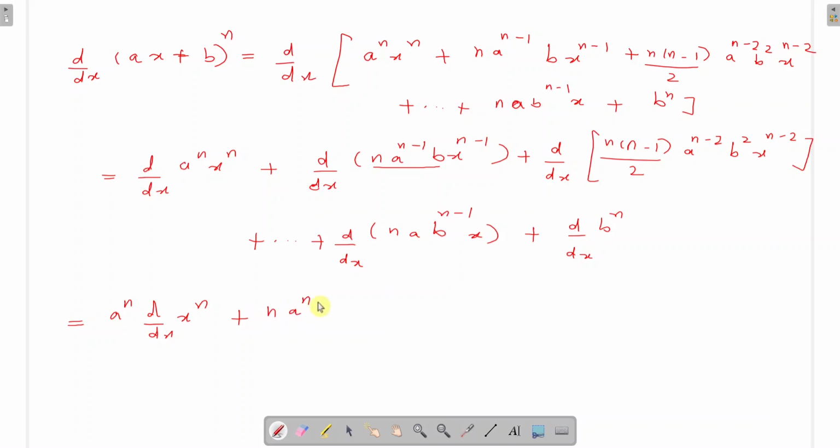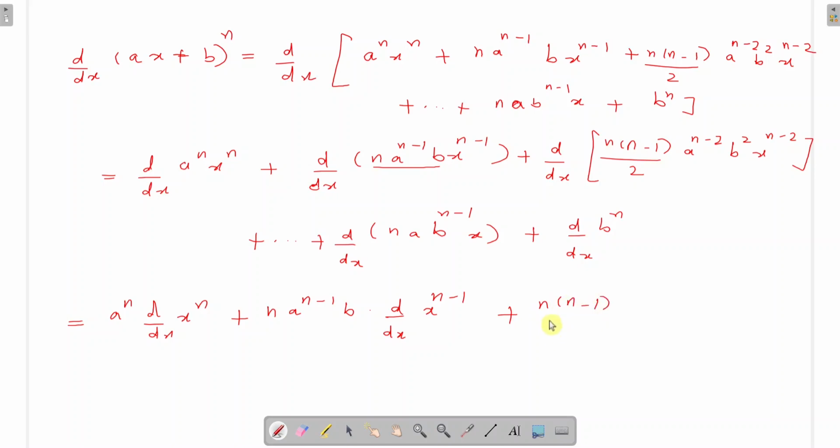So n times a raised to n minus 1 b times the derivative of x raised to n minus 1, then plus, now the constant here is n times n minus 1 divided by 2 a raised to n minus 2 b raised to 2, so that will come out of the derivative.